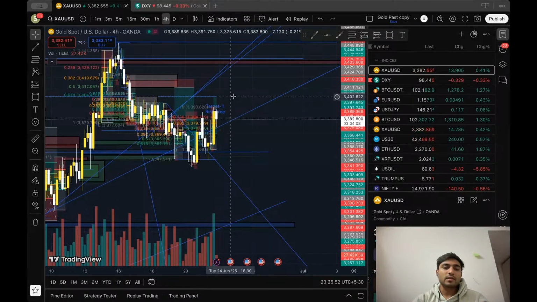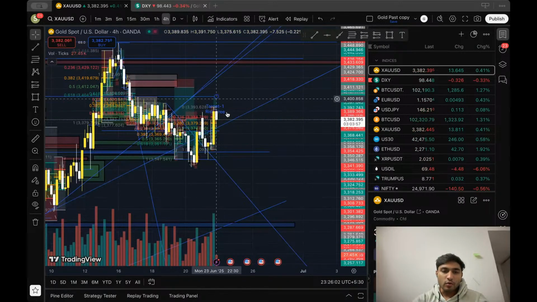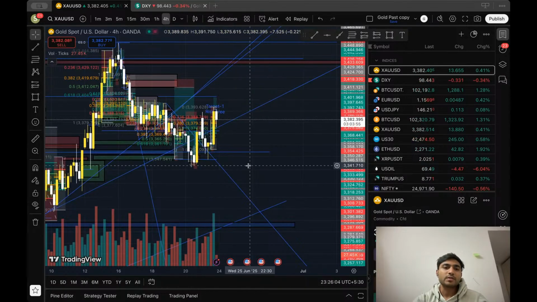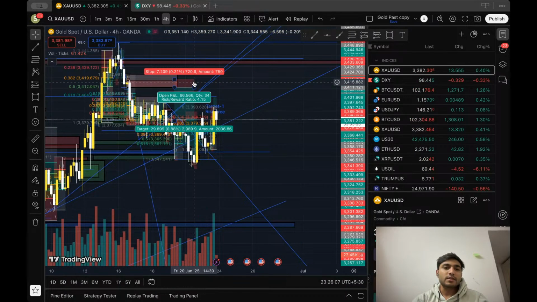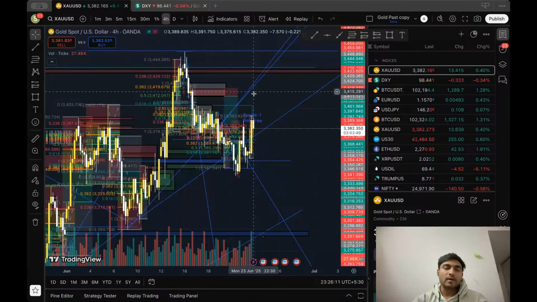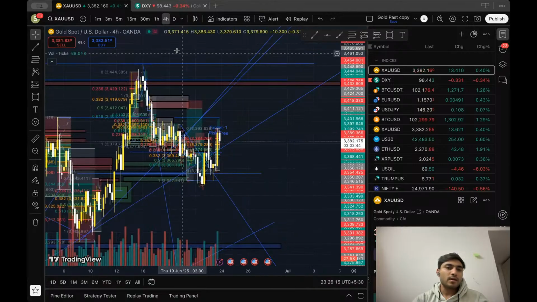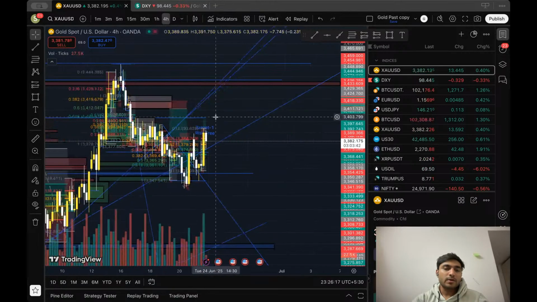So if this level is broken, then we could have a lot of good trades. This choppy level, let's get it out of the way. If this gets out of the way, then we can look for new level formations. And this 1 day time frame trade we have would probably sell from here. And yep, that's it.